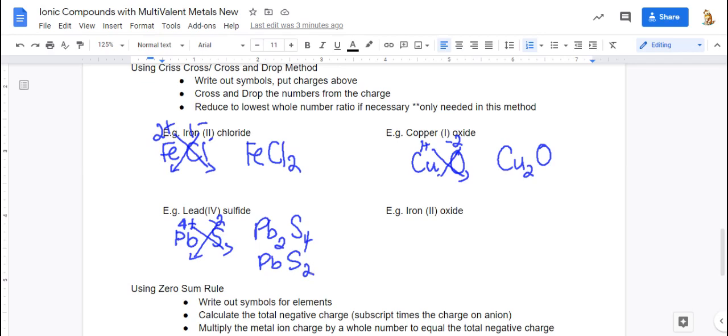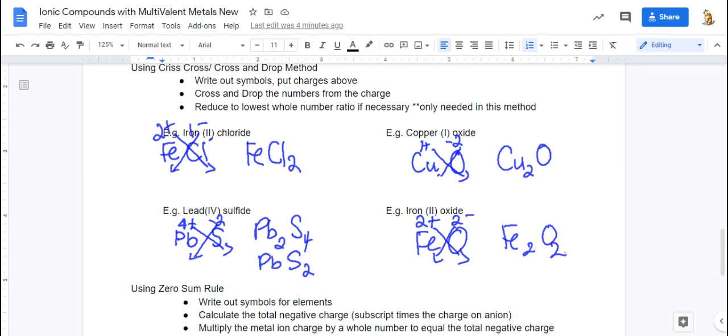Fe is iron. 2 is the charge. Oxygen has a charge of -2. So what happens here is if you have the same numbers, they will end up canceling out, and you will have just the element symbols. And I'll show you why. Just cross and drop. So you get Fe2O2.